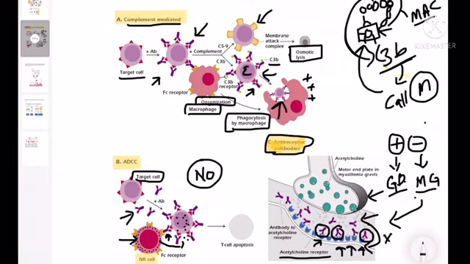So there will be no action of acetylcholine, and there will be no or very little contraction of the muscles. So it's inhibiting the receptor, and this is antibody mediated, and this is an example of type 2 hypersensitivity reaction.